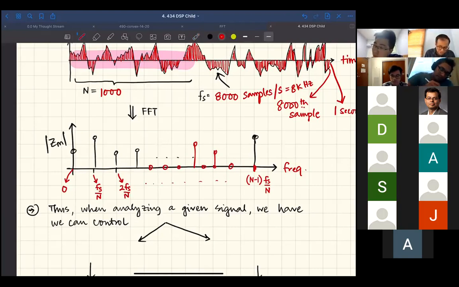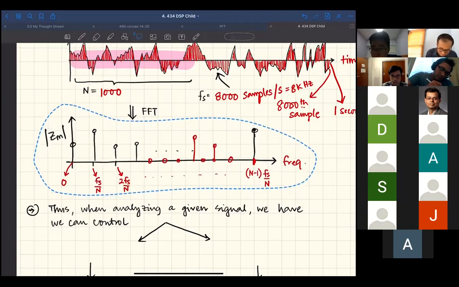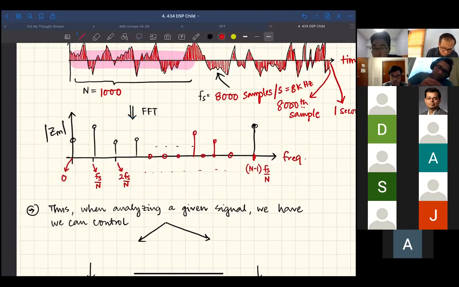So if you put real numbers, this is 0 hertz. This is how much? 8 hertz. This is 16 hertz, and so on till 8,000 hertz.